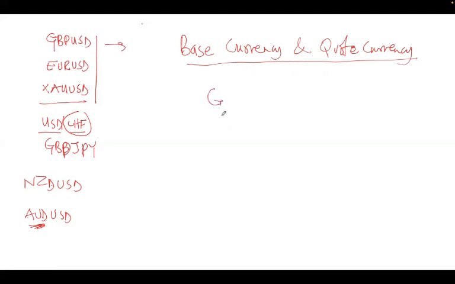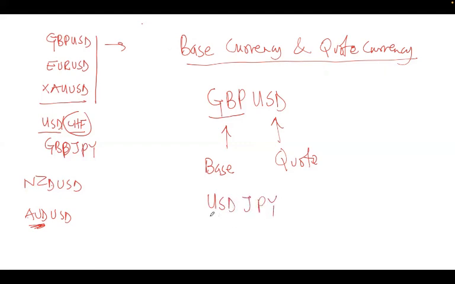For example, if I have GBP USD, this is the base currency and this is the quote. Now, what this simply means, I'm going to explain this much later. So let's understand what a base and a quote currency is. If I have USD JPY, once again, this is the base currency and this is the quote currency. Okay.